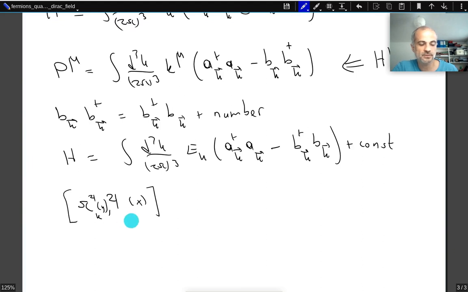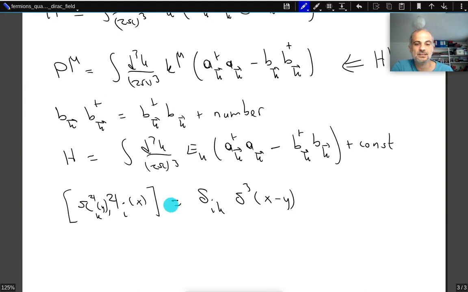Well, let me just use different labels. Since we have more than one field here, this is Kronecker delta ik and the three-dimensional Dirac delta of x minus y. And this leads to the commutation relation between the corresponding operators.